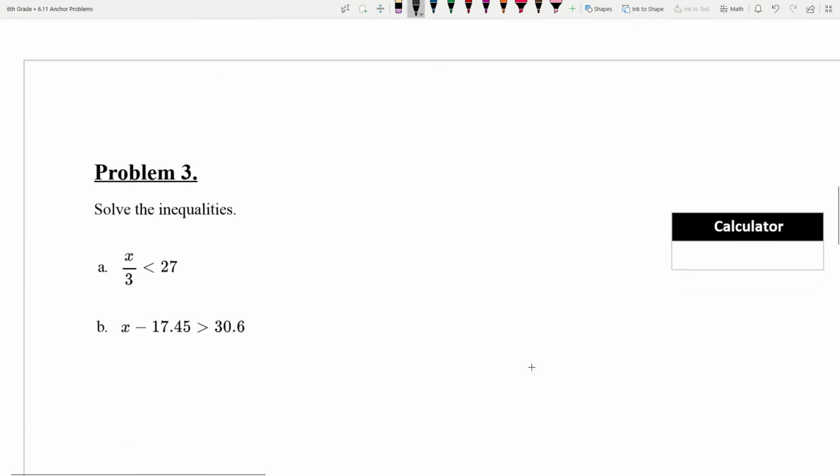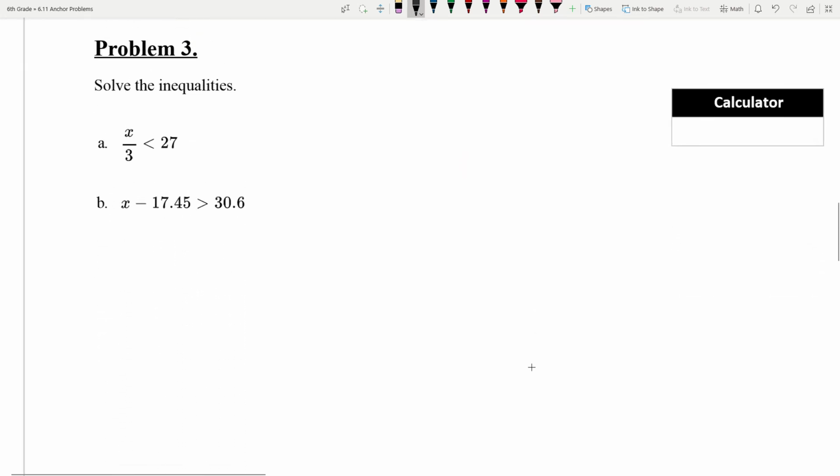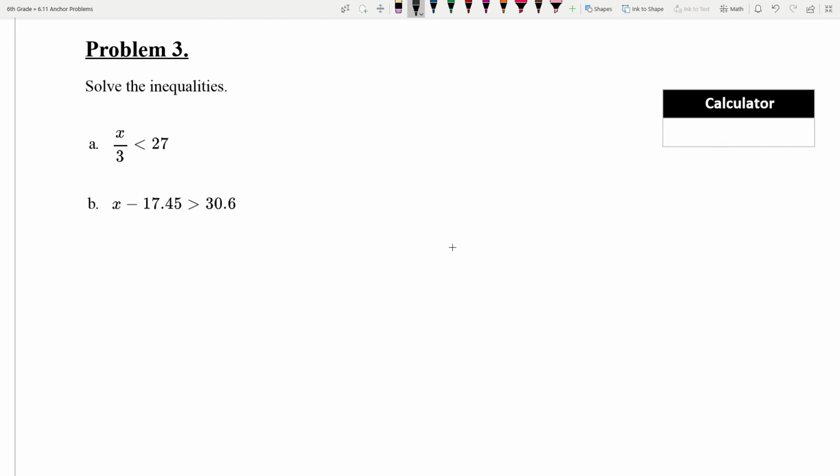Problem 3. I'm going to flat out solve inequalities now. All right, I'm going to rewrite a over here just to have more room. x divided by 3 is less than 27. Well, what's the opposite of division? Multiplication.